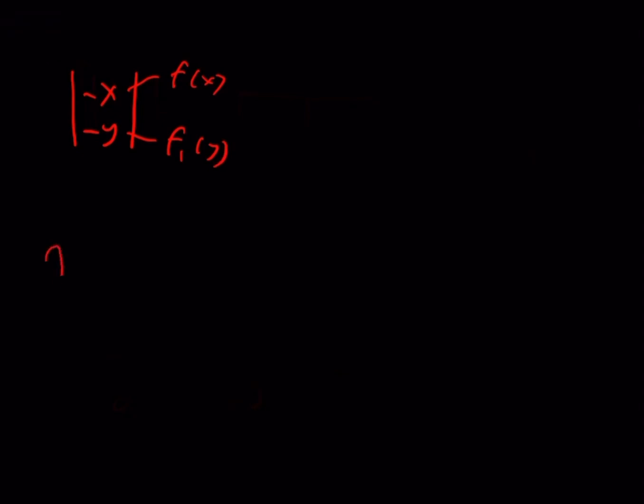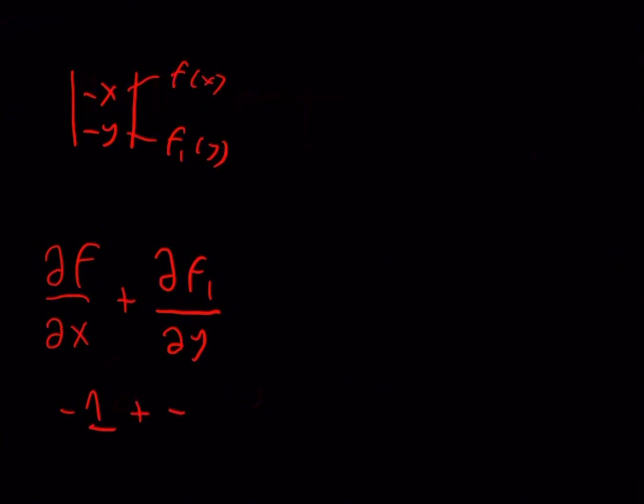We take the partial derivative of f with respect to x and add it to the partial derivative of f1 with respect to y. Now, when we do this, it's going to be minus 1 plus minus 1, which yields minus 2, meaning that there is a convergence of minus 2 all throughout the field.